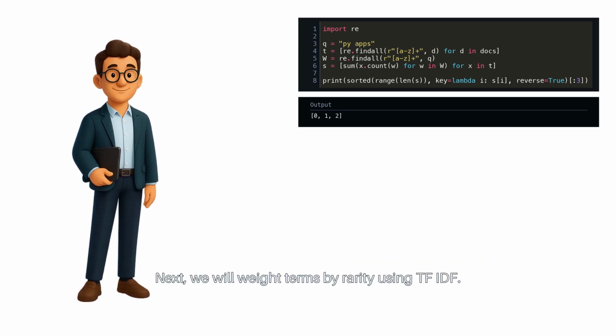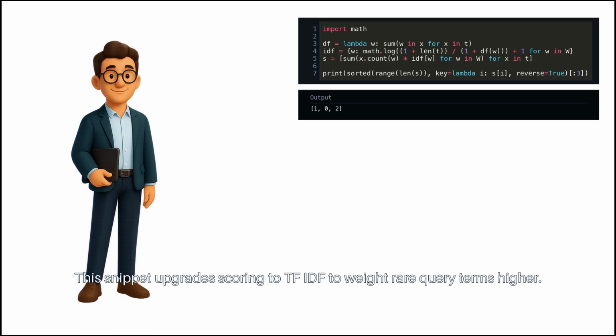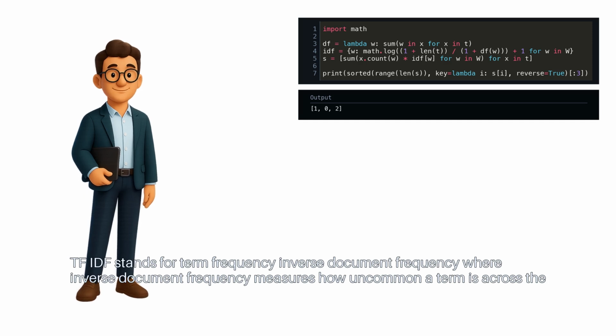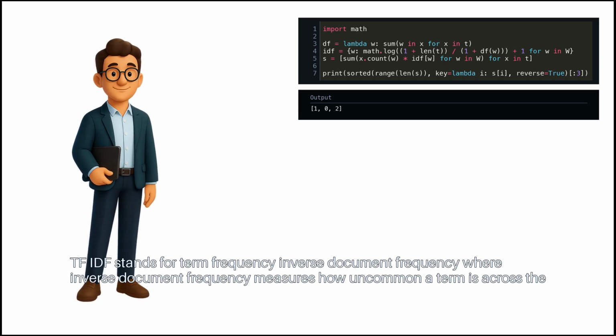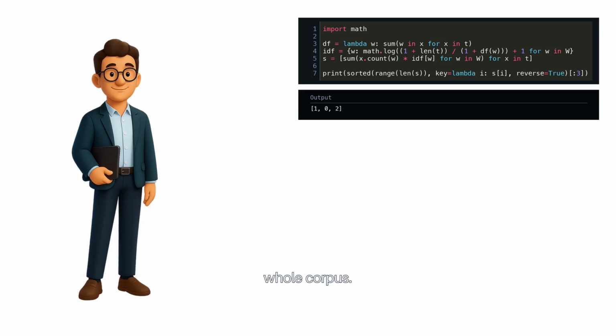Next, we will weight terms by rarity using TF-IDF. This snippet upgrades scoring to TF-IDF to weight rare query terms higher. TF-IDF stands for Term Frequency Inverse Document Frequency, where inverse document frequency measures how uncommon a term is across the whole corpus.